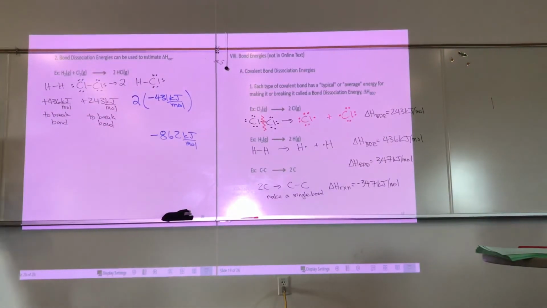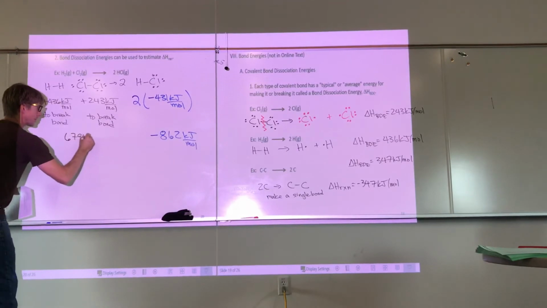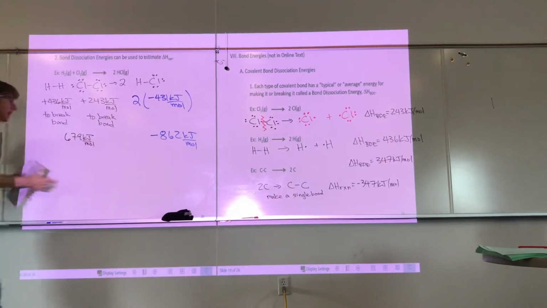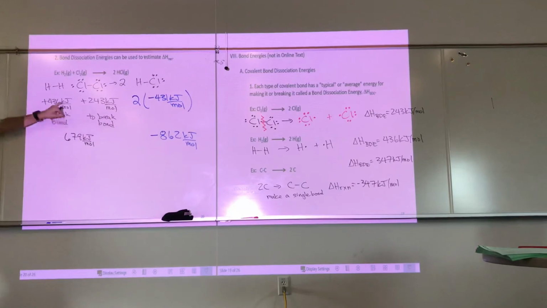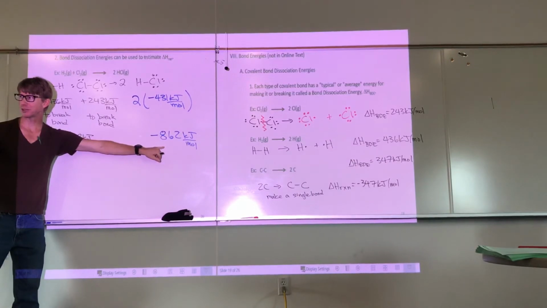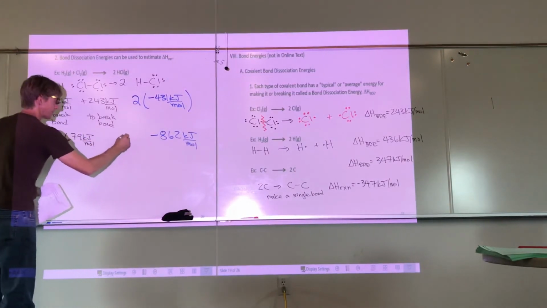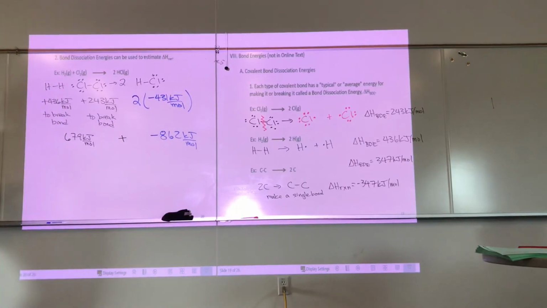I'm doing this math in my head. Hopefully it works out. 679. So to break all these bonds, it takes 679 kilojoules per mole. To make all these bonds, you get that much energy back, the entire process has a plus there.